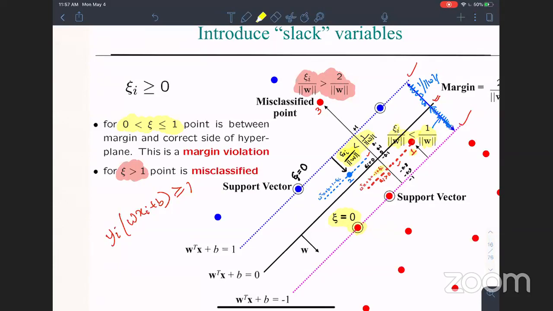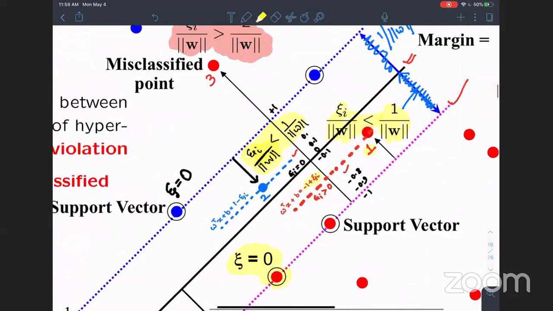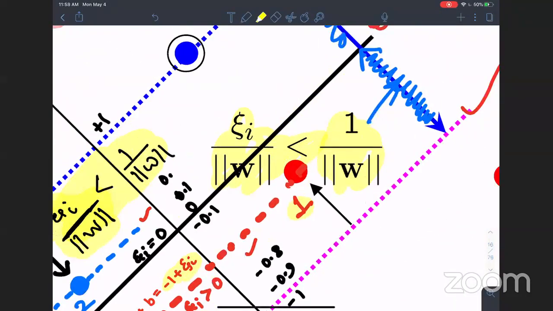This is margin violation. You have violated your own line of defense, but you are still within the same country or the same family. So we are calling it margin violation, but you are still on the correct side of the hyperplane. The moment your eta is greater than 1, so look at this red point, I'm going to take this red point all along this line, right?